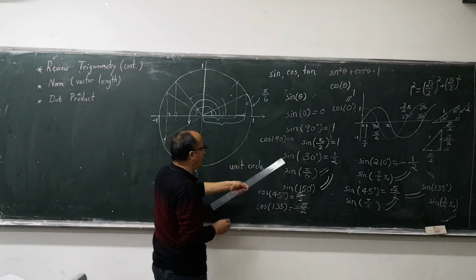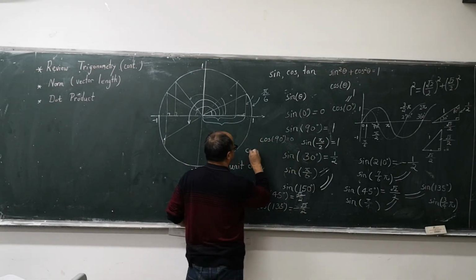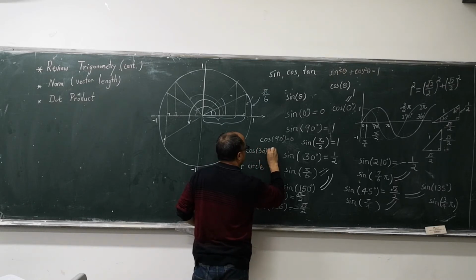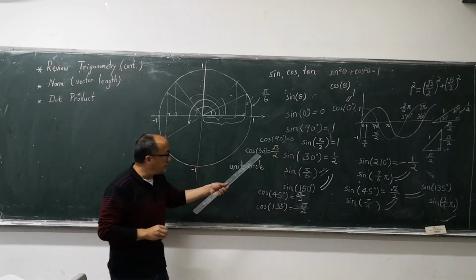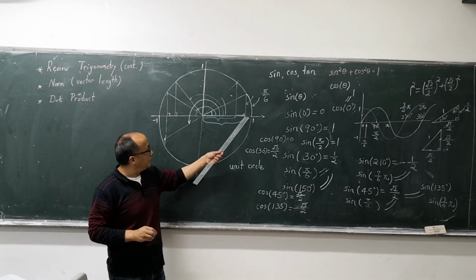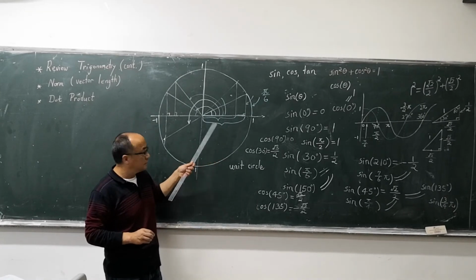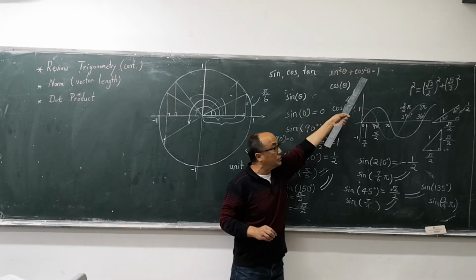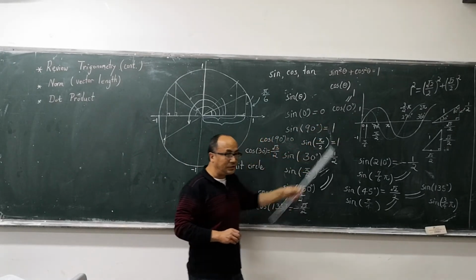So cosine 30 degrees is this value. Cosine 30 degrees is this value, here. Okay? And you can check, these two still hold.